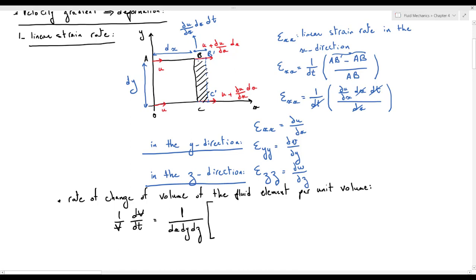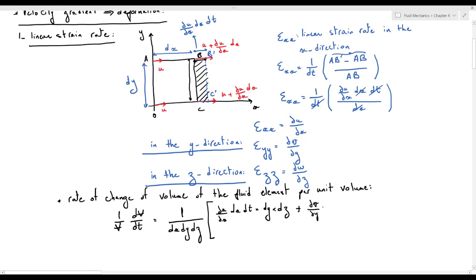So in the x direction, this hatched region is the change in volume, which will be equal to del u over del x dx dt, the multiplication of the sides BB prime into OA into the perpendicular distance into the paper, which is dz, into dy into dz. So this is the change in volume in the x direction.